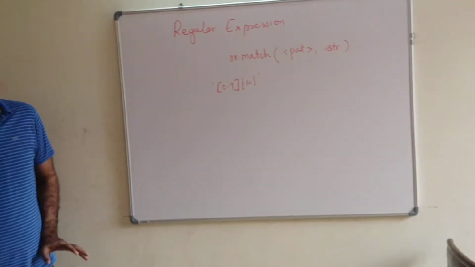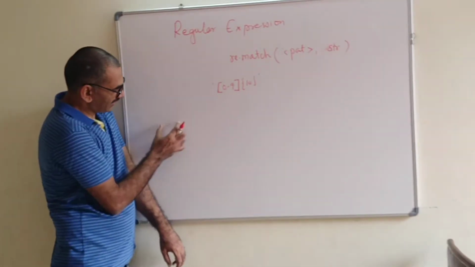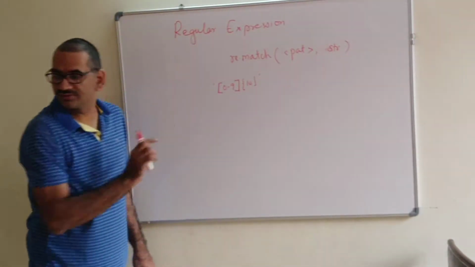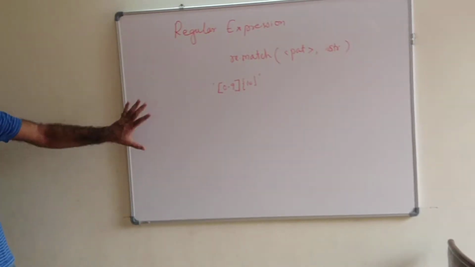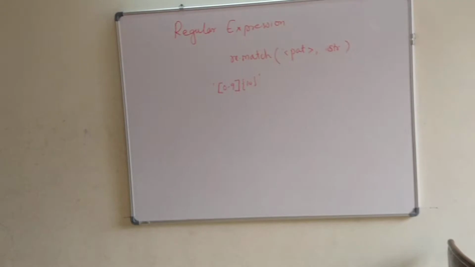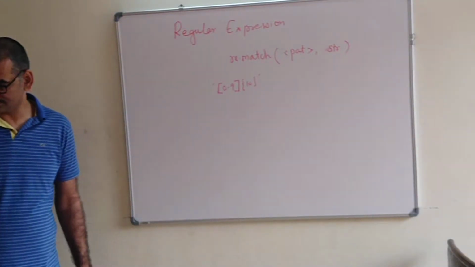Which means 0 to 9, 0 to 9, 0 to 9, ten times. If that is found, it will return it as found, and it can even tell you what string it has found. So you can give the whole file and search in it, and it will give you where it found the mobile number. Got it?